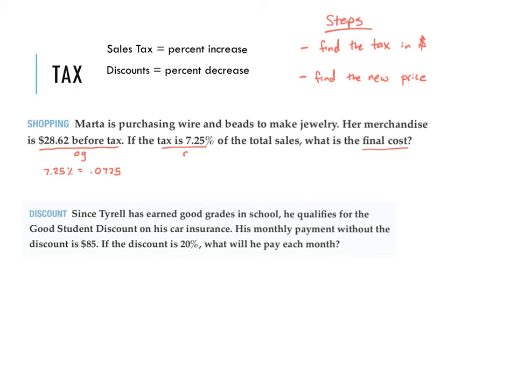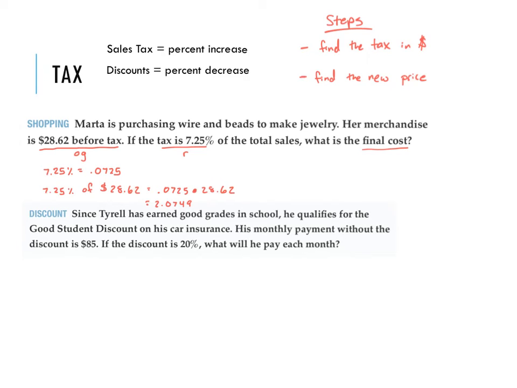Okay, so then when I go to find my tax in dollars, I'm taking 7.25% of my original price, and that's going to be equal to my decimal times the original price, which ends up being 2.0749, etc., etc.